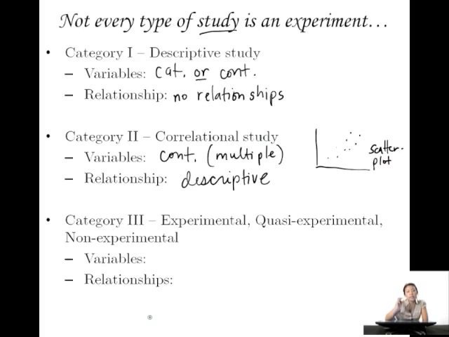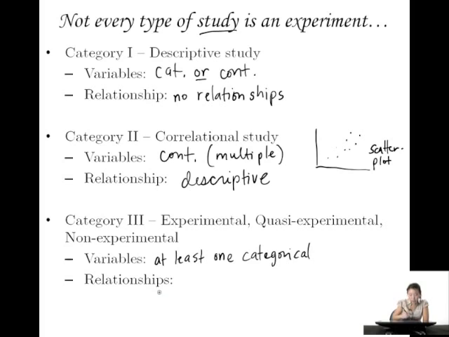Category 3 has 3 different kinds of research strategies in there. One is experimental, the other is quasi-experimental, and the third kind is non-experimental. So in these, you need to have at least one categorical variable. You could also have continuous ones and other categorical variables, but you need to have at least one categorical variable.